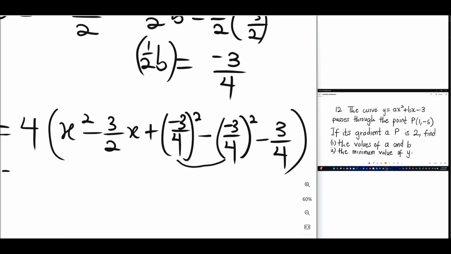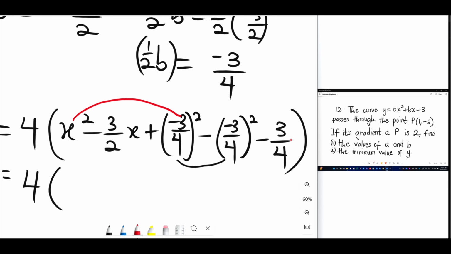So we continue. We are going to get 4 outside. Then the whole of this, let me use a different color. From here, you just pick the x here. Then minus, you pick what is inside the bracket also. So we have negative 3 out of 4 in the bracket.